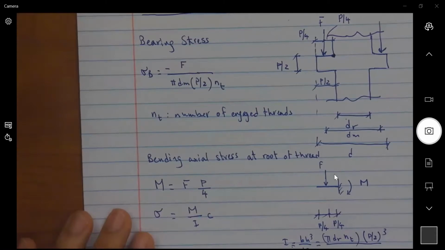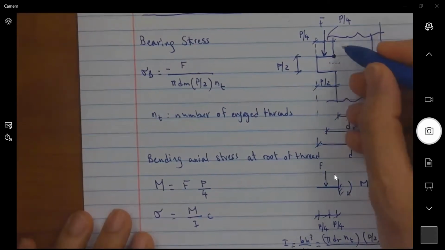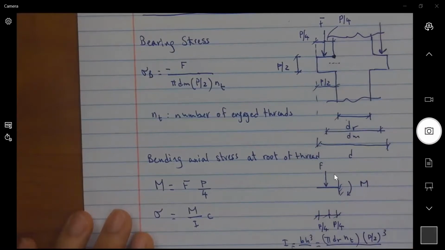And C is the distance from the neutral axis to the root, and this is going to be equal to P over 4.